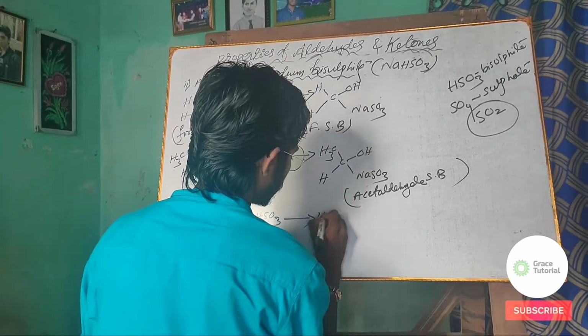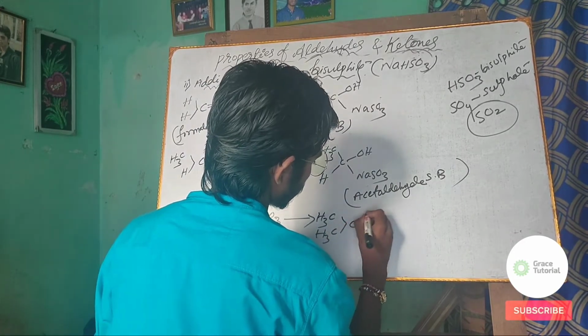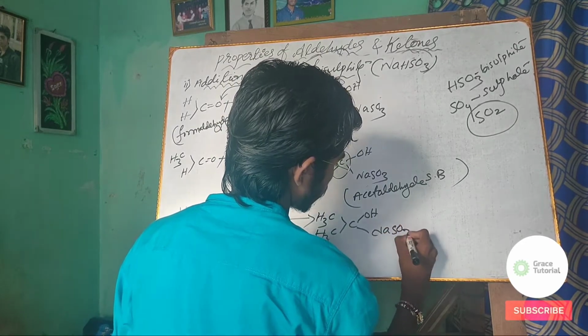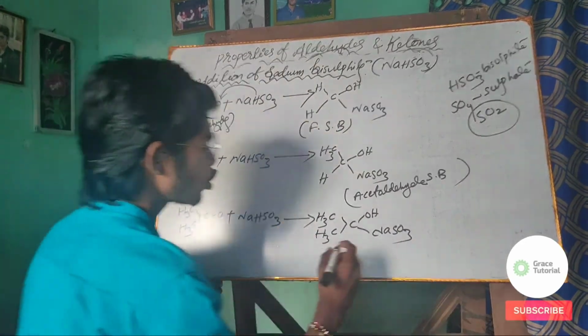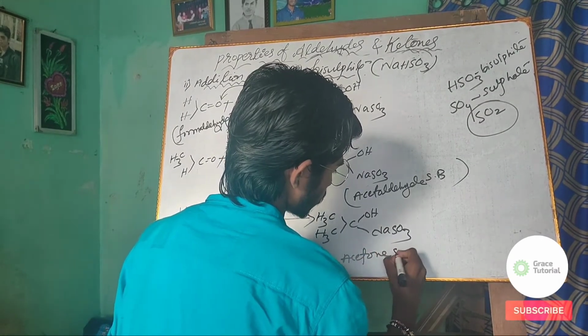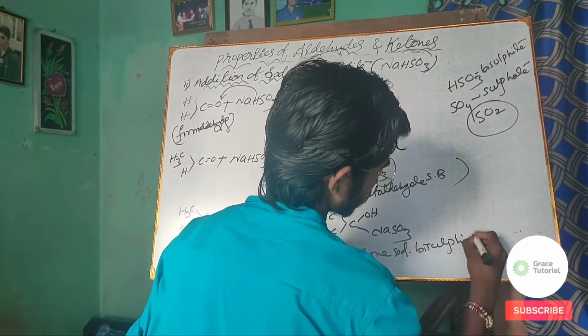So what happens here? CH3, C, OH, and finally it gives NaSO3. So acetone sodium bisulfite.